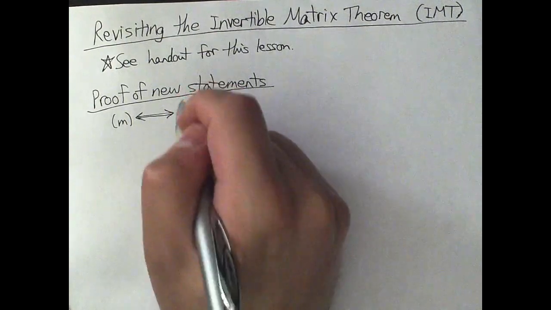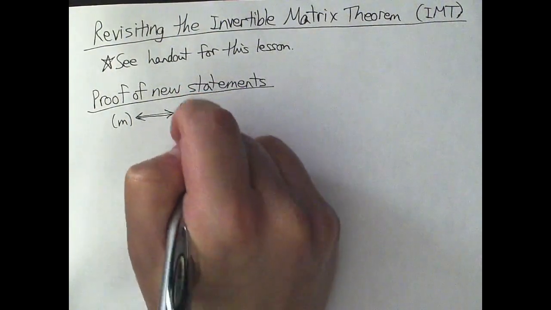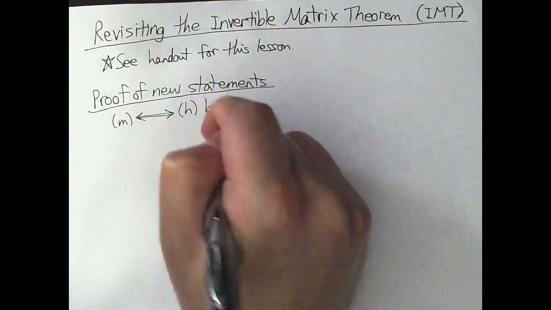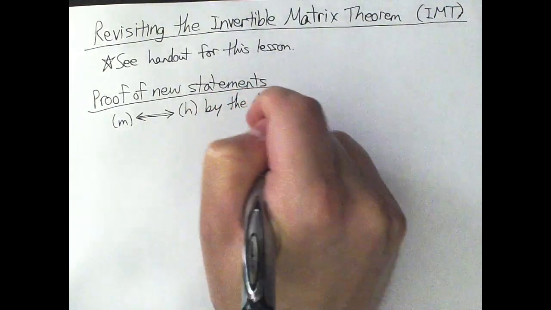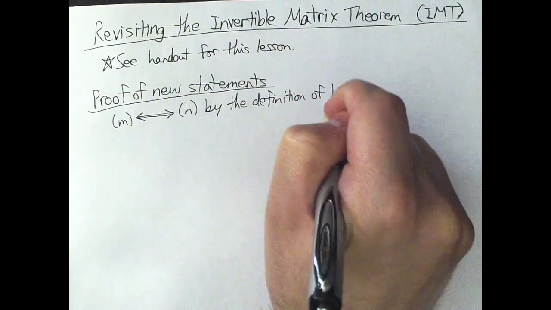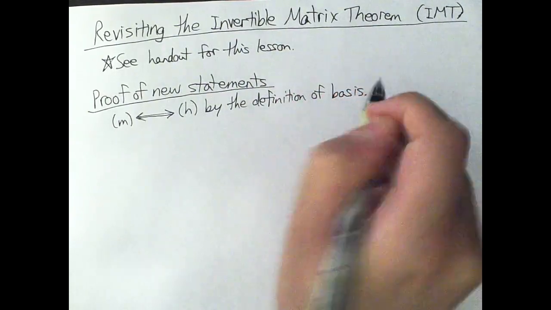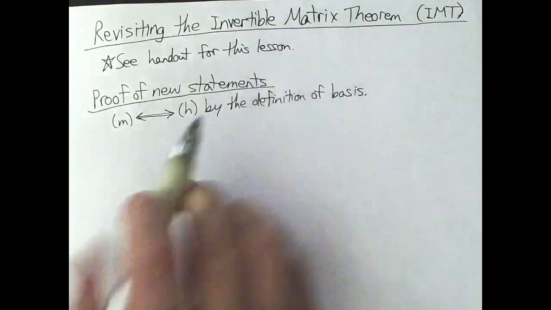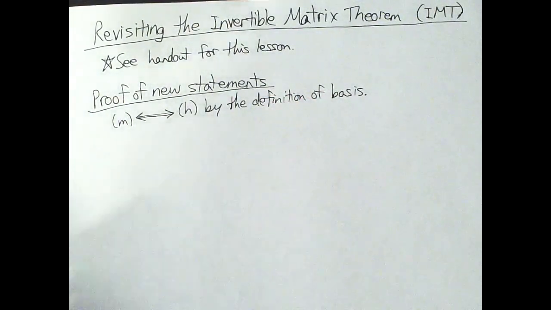I think we can connect this to statement H. Statement H says the columns of A span Rn. So I'm going to say that this is true by the definition of basis. There might be other ones that you could connect it to, but I think connecting it to H is the easiest, and that's if and only if. That's two ways.